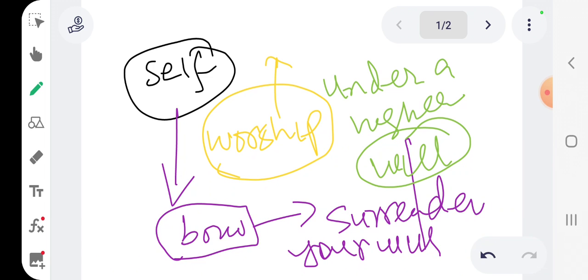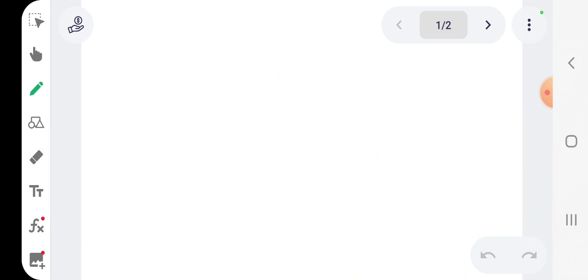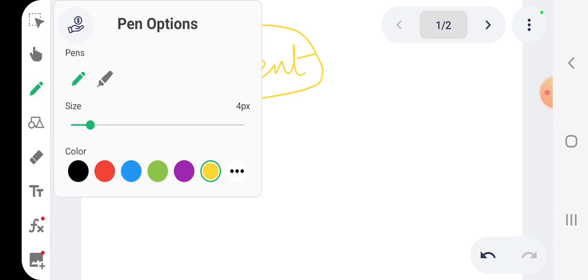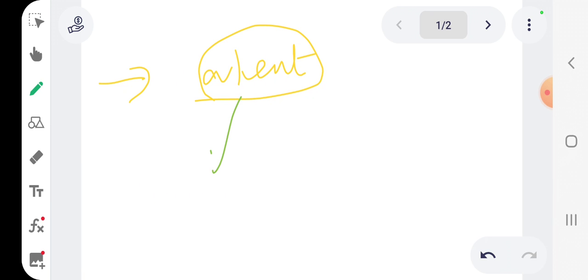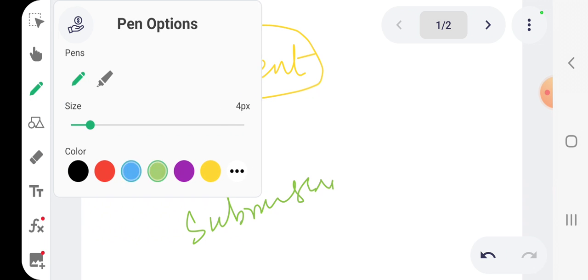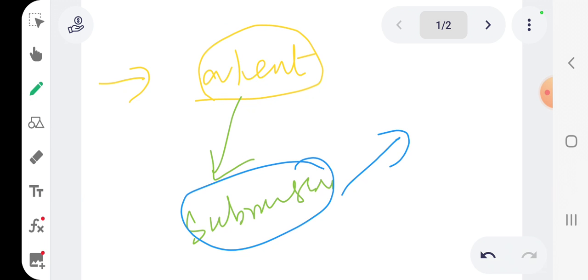That conception of worship is totally alien to this liberal conception. Another conception which is alien to the liberal self is the conception of submission. Submission to that higher will. Voluntary submission to that higher will.